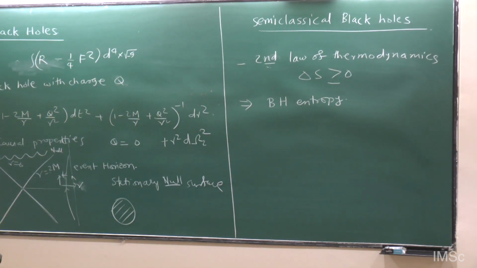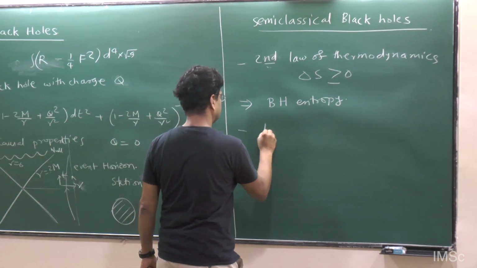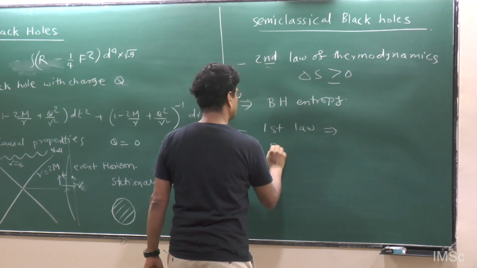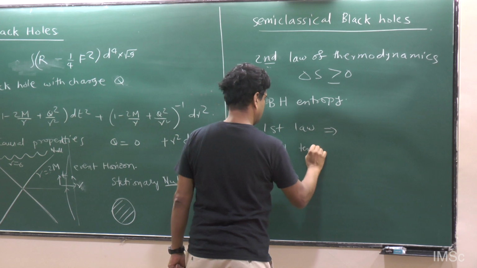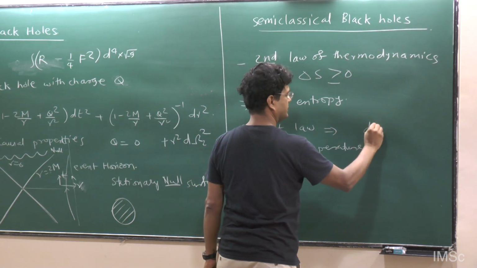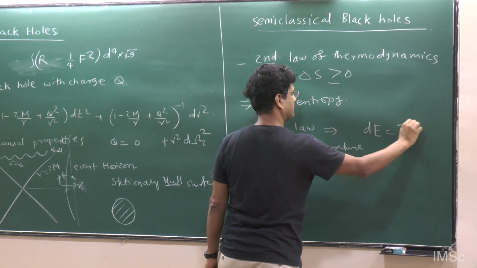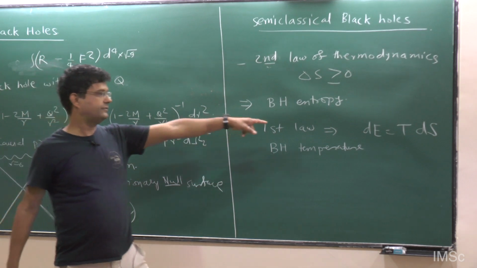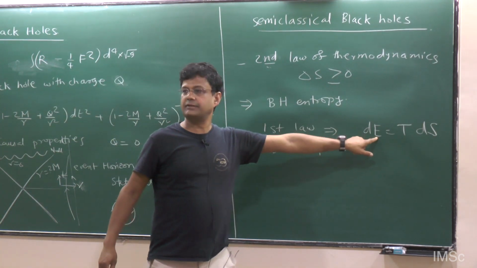But then, using the first law, this implies that the black hole has temperature. Because remember, the first law is dE = TdS for fixed volume. E is just the mass of the black hole.